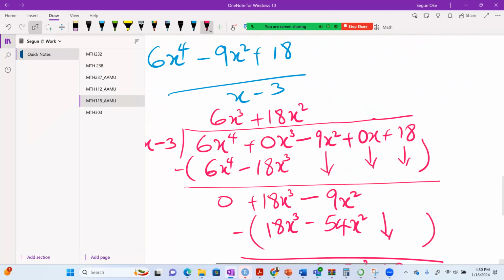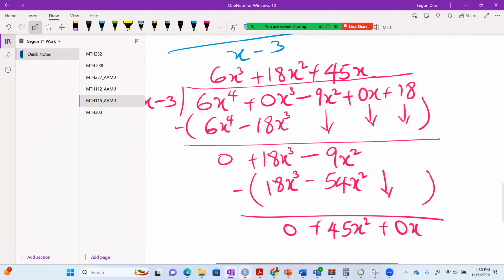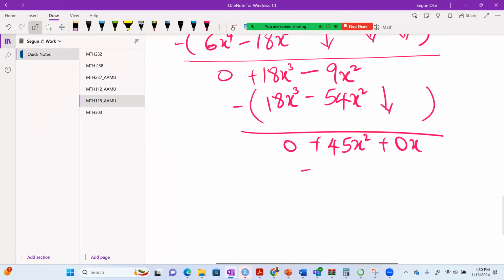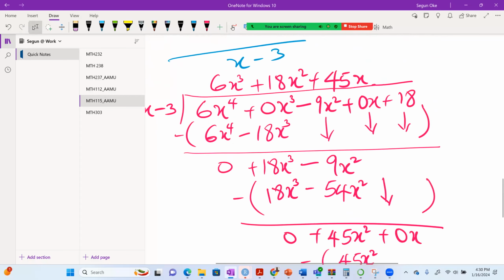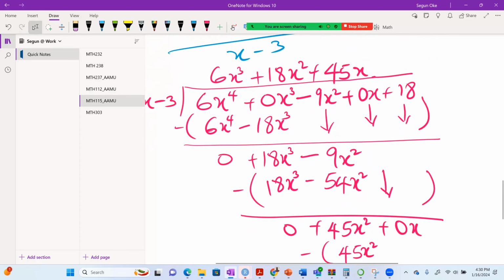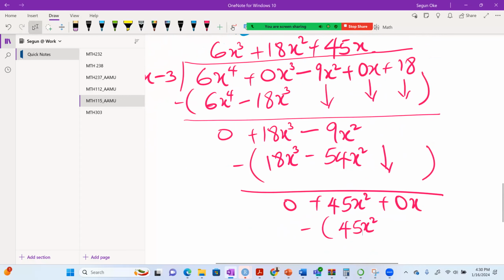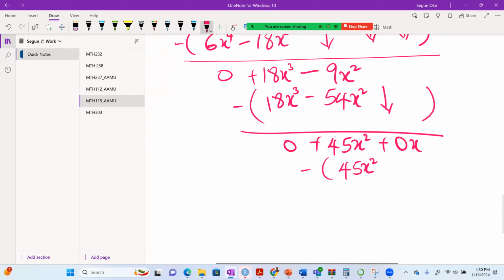It is going to be plus 45x. 45x multiplied by x will give me 45x squared. 45x multiplied by negative 3 will give me negative 135x.